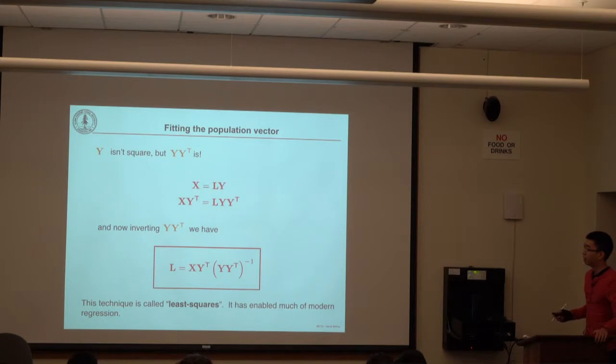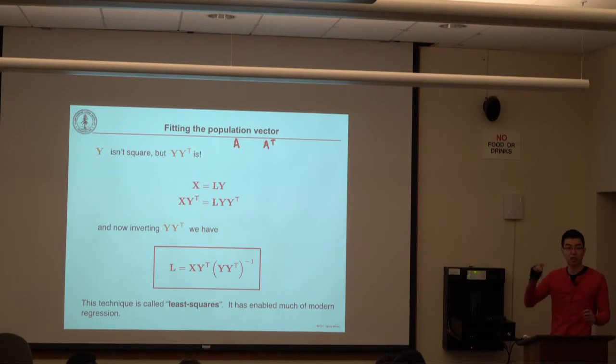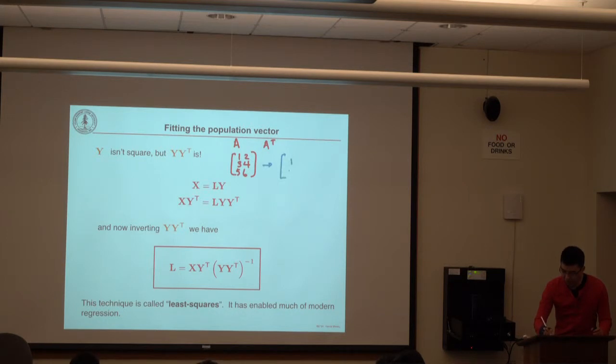So the way to get around this is to realize that Y isn't square, right? Y is a fat matrix, but Y transpose is. So what is the transpose of a matrix? If I have a matrix A and I take its transpose, then all I'm doing is swapping the rows and the columns. So if I had a matrix that looked like 1, 2, 3, 4, 5, and 6, its transpose would swap rows and columns.